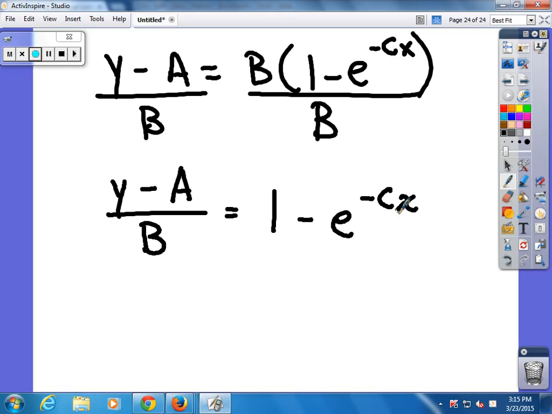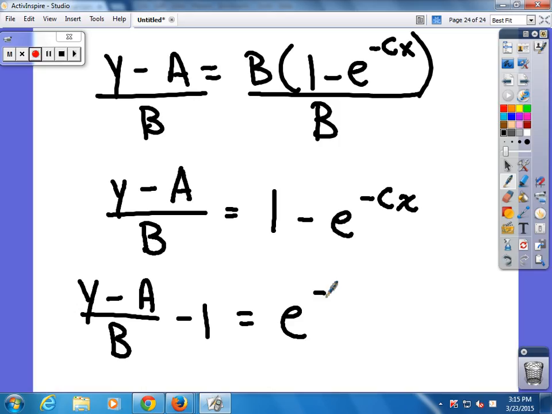And now I'm going to bring the 1 over. So that's going to give me y minus A over B minus 1 is equal to e to the negative cx power. Oops, sorry.